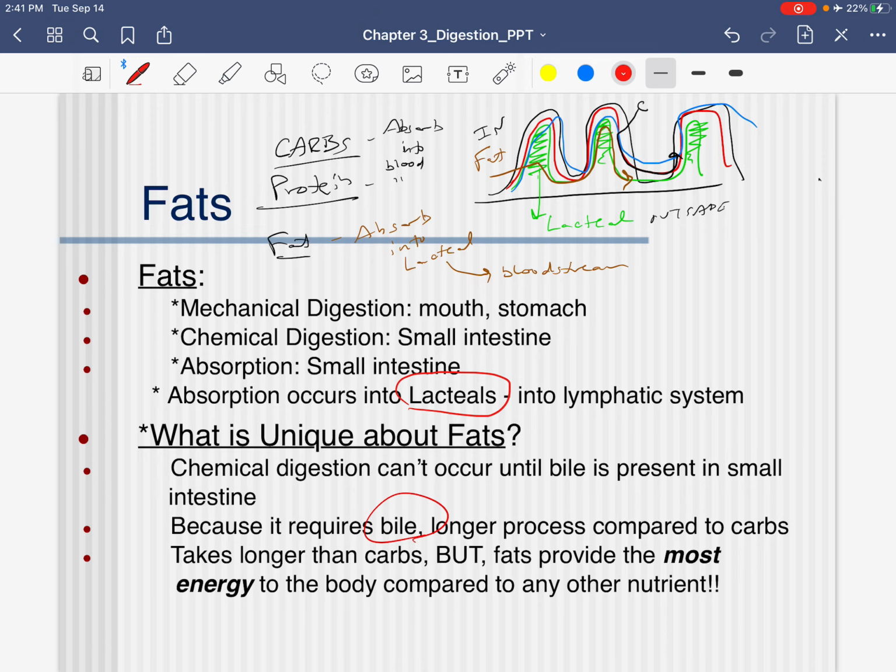And even though fat takes longer to break down, absorb, and metabolize, once we're able to metabolize it, fat gives us the most energy. Our cells like to burn fat for energy because it gives them a lot of energy. It just takes longer to get to. So we have the best of both worlds. Carbs for quick energy, and then fat eventually, and that gives us a ton more energy.